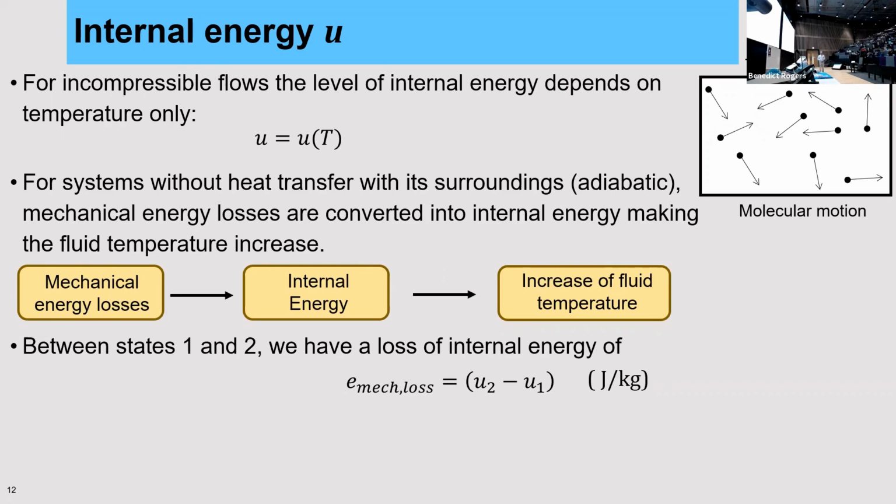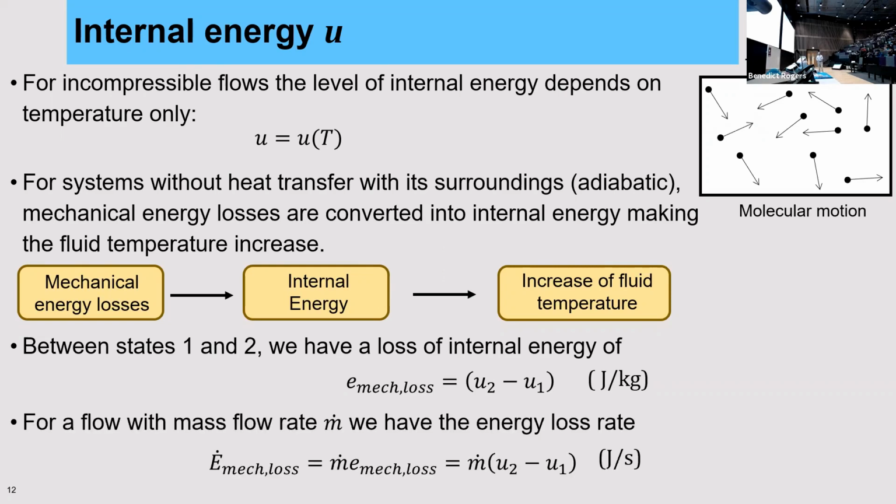So we have a mechanical loss. And then if we multiply this by the mass flow rate, m dot, we end up with our energy loss rate for our system. So the mechanical loss rate is equal to m dot into U2 minus U1. This is our mechanical energy loss rate.